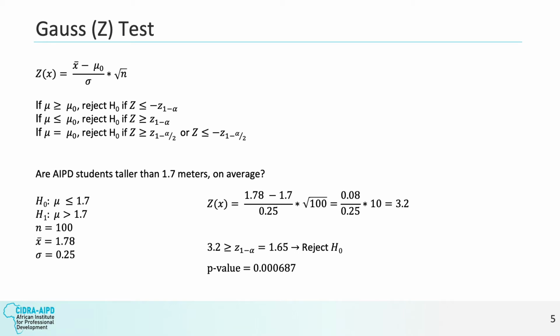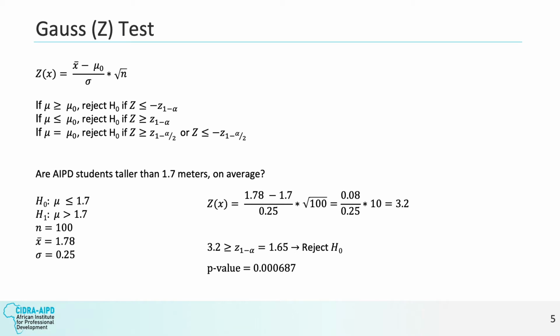With the Gauss or z-test, we calculate the z-statistic by subtracting the value or population mean from our sample mean, then dividing by the variation divided by the square root of the sample size. We then compare our z-statistic to the z-score for our selected significance level, or alpha.